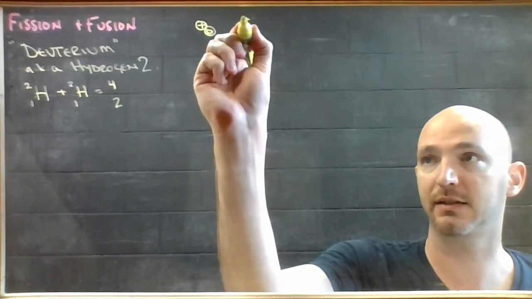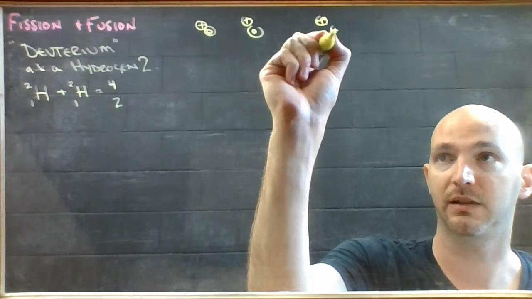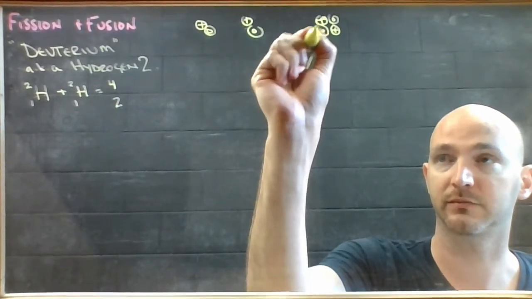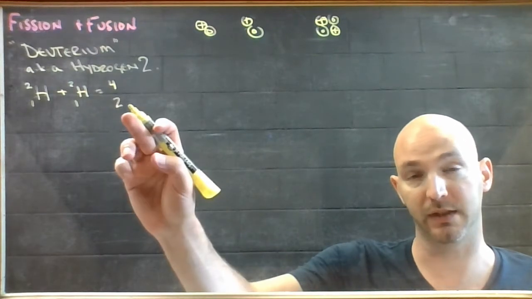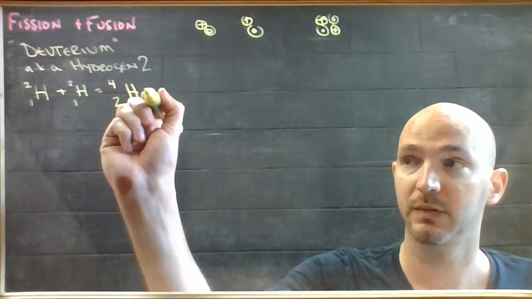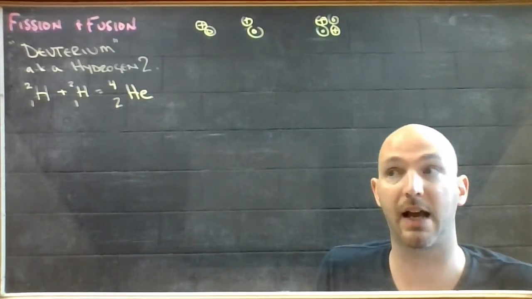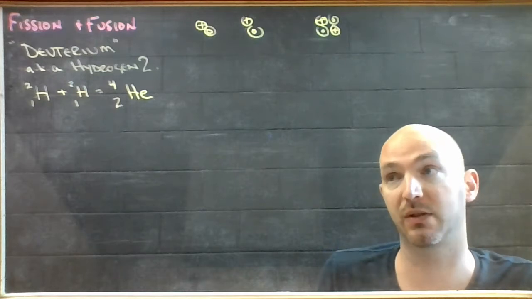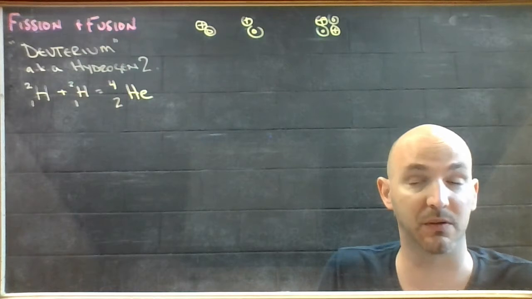If you look up the particle in the periodic table that has 2 protons, that's helium. And the helium that has 4 particles in its nucleus happens to be the most common isotope of helium, and it's stable.